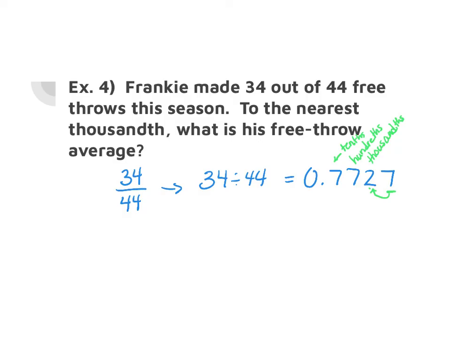So that means my number would be 0.773. So what does that mean? That means that Frankie's free throw average is 0.773.